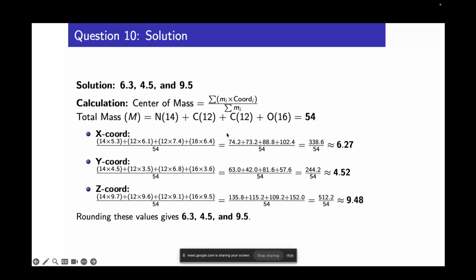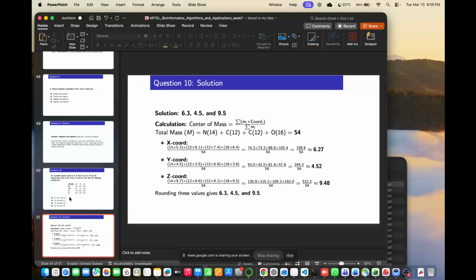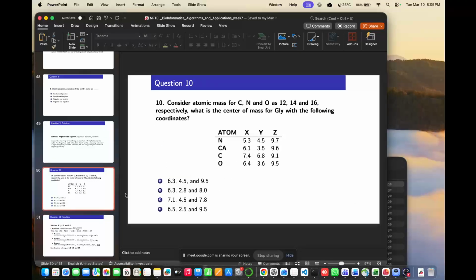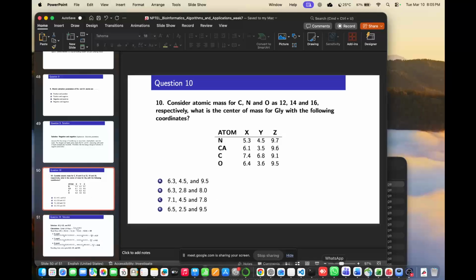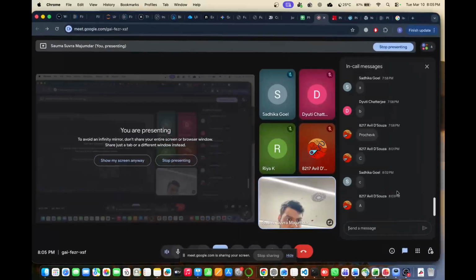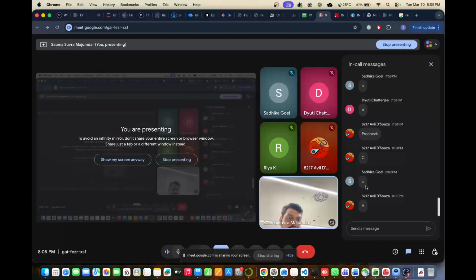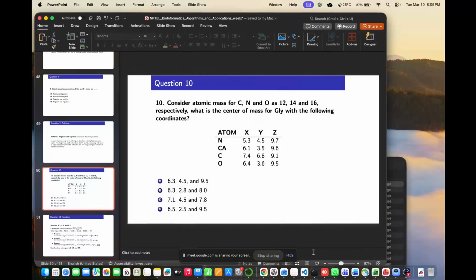Okay, you just plug in the 6.3, 4.5, and 9.5. I think A is the answer, if I am not wrong. Just a second, what answers did you guys give? Okay, there's an A and there's a C. I think, yeah, A is the answer.